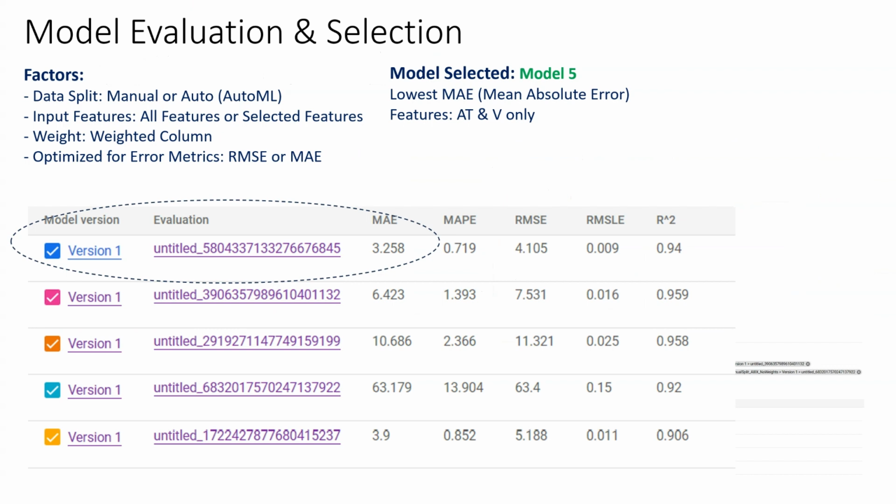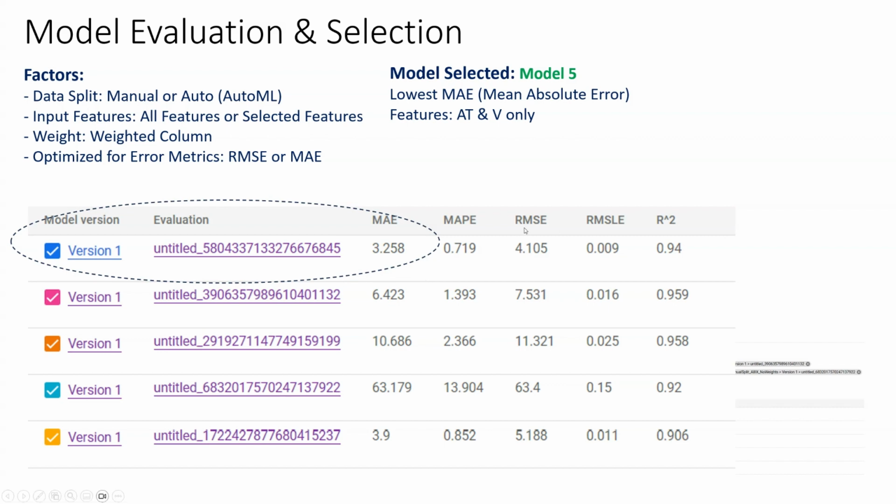If you look at version 1, which is again Model 5, in this case the input features were AT, ambient temperature, and vacuum exhaust. This has the lowest MAE, which is mean absolute error, when it comes to the outputs. If you look at the other models as well, we have a list of various metrics in here.